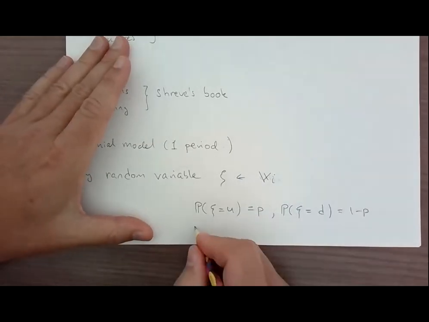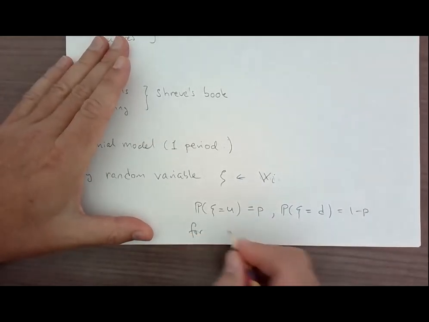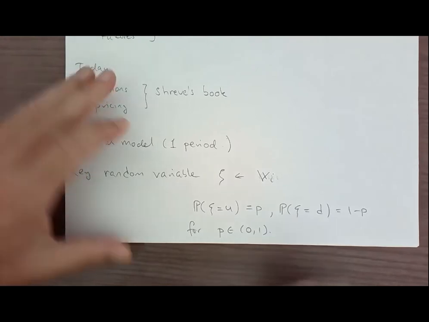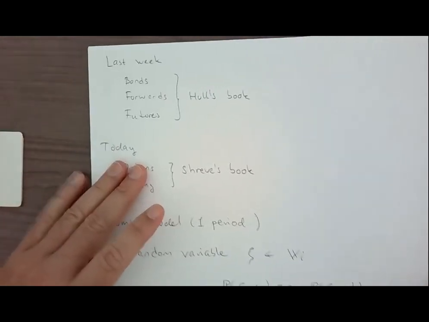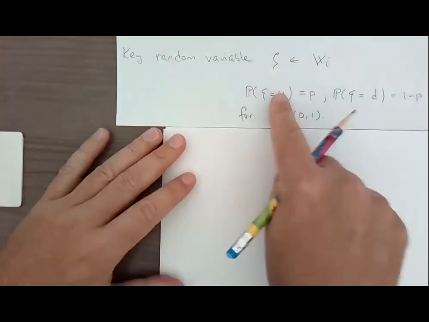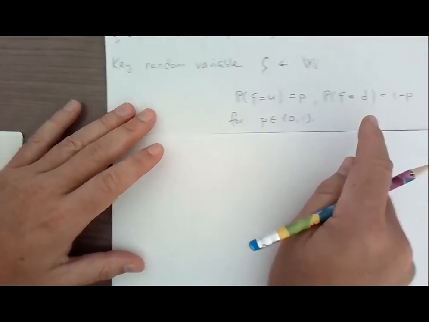And p here is some number between 0 and 1. Right, so we refer to this p here as the probability of up. U and D stand for up and down.